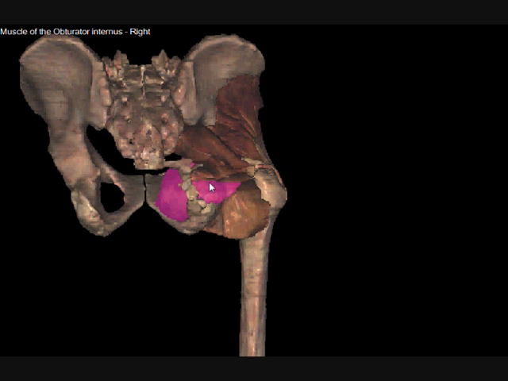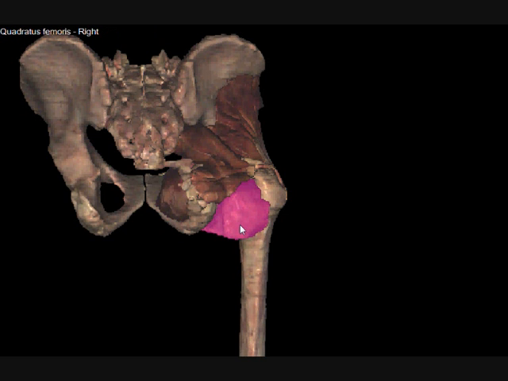It passes laterally out of the lesser sciatic foramen, and then passes behind the hip joint to insert onto the medial surface of the greater trochanter, with two small tendons which flank it, the tendons of the inferior gemellus and the superior gemellus. Now, these muscles arise above and below the lesser sciatic notch of bone, and pass with the obturator internus to its insertion on the medial surface of the greater trochanter.